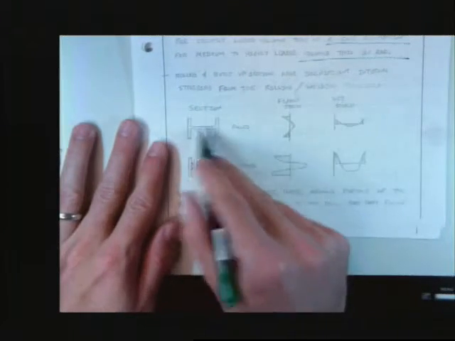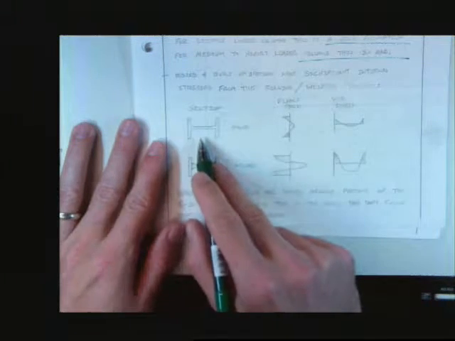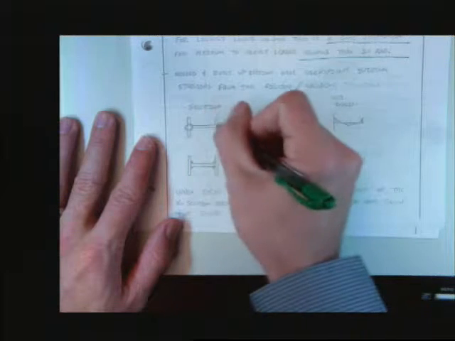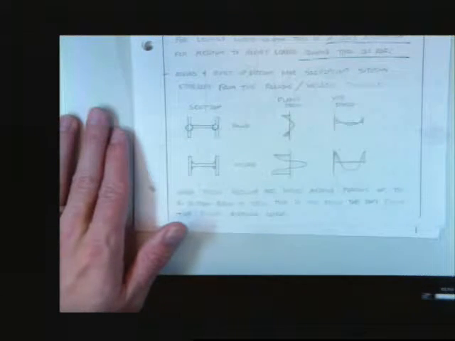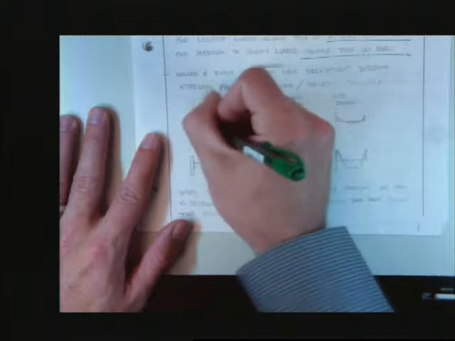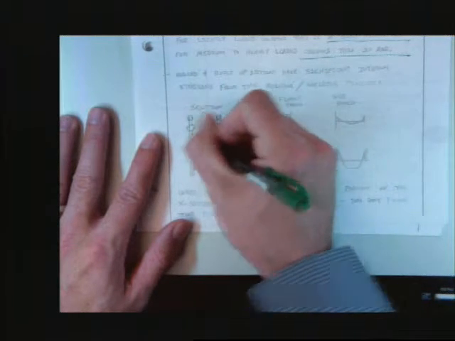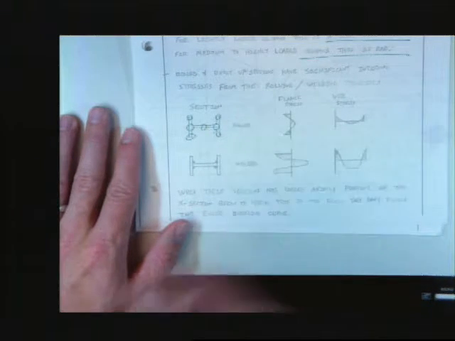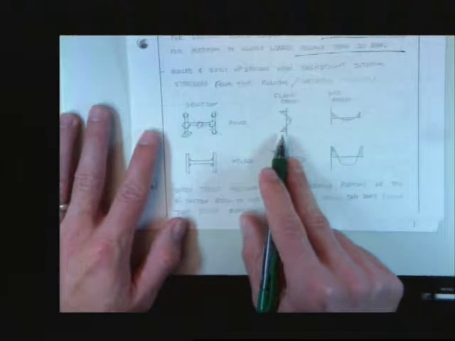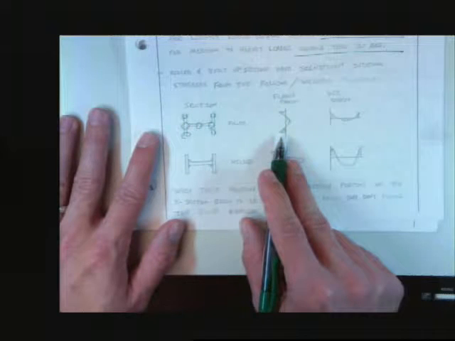If you can imagine, when this steel member comes out of the rolling process, we have chunks of steel here that are a little thicker. So they're going to cool at a different rate than the chunks of steel here, here, and here. Because of that, there would be built-in stresses inside of our member.